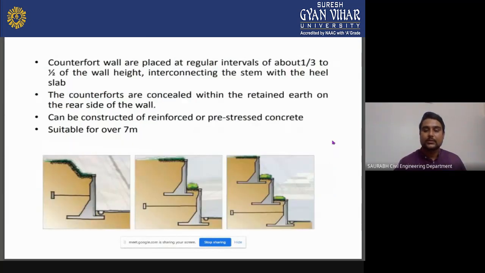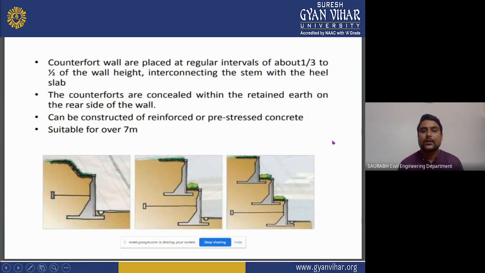Come on to the next, which is about the counterfort wall. Counterfort walls are placed at regular intervals of about 1 by 3 to 1 by 2 of the wall height, and it interconnects the stem with the heel slab.